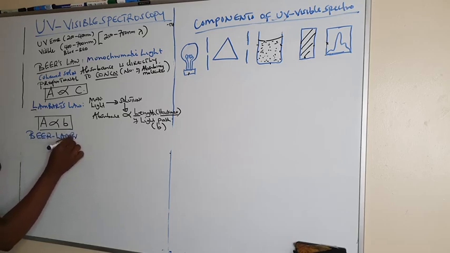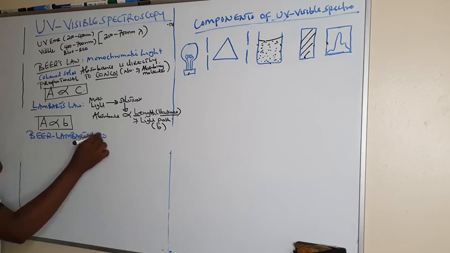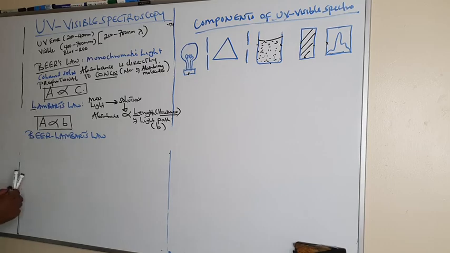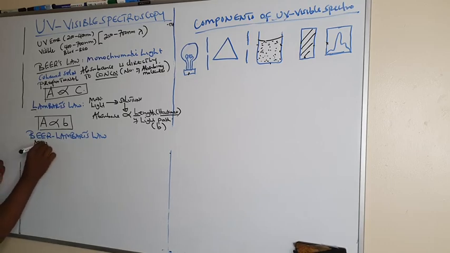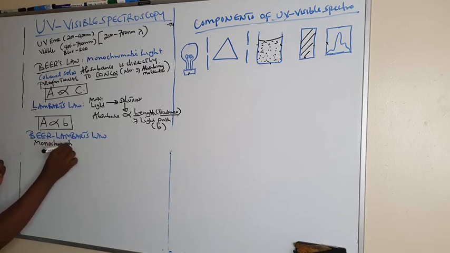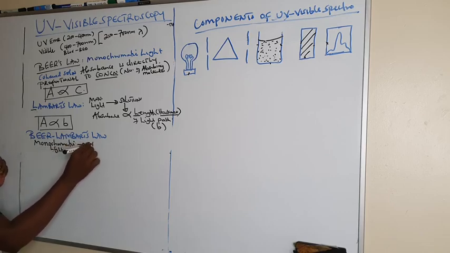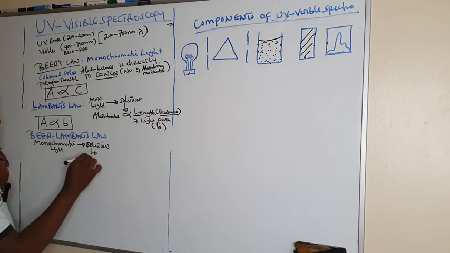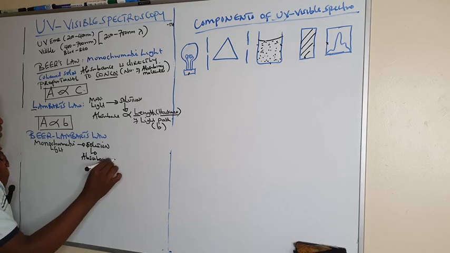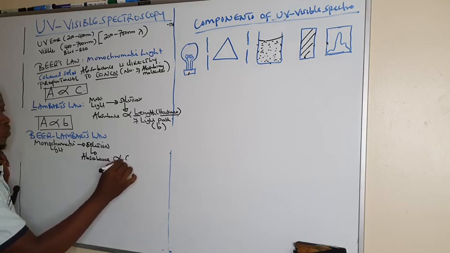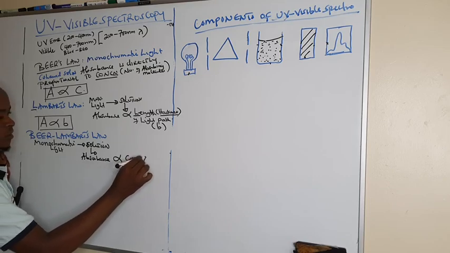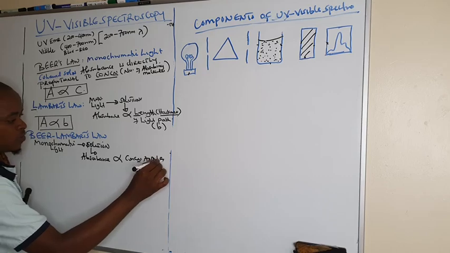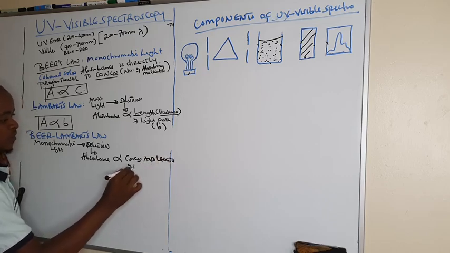We are going to see that when a monochromatic light, the light has to be monochromatic, passes through a well-mixed solution, absorbance, or the amount of light absorbed, is directly proportional to concentration and the length or thickness of the light path.